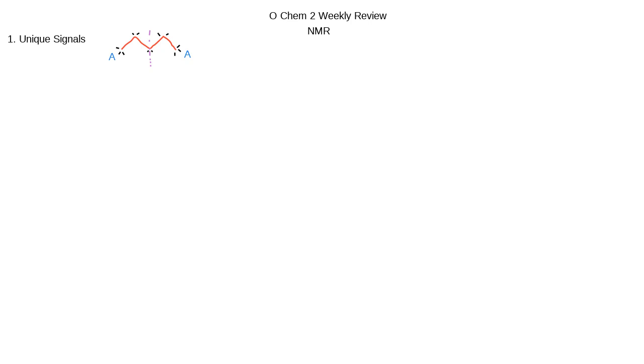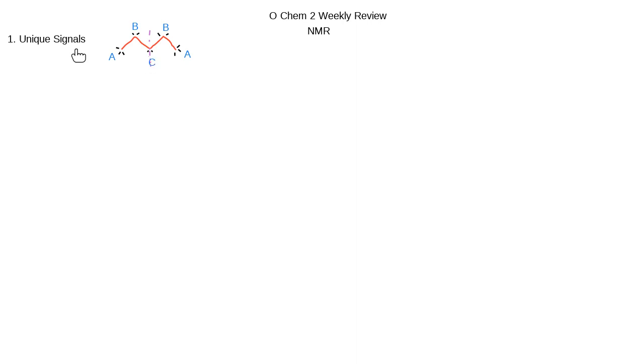Next, we have B right here, and B right there. And then, of course, in the middle, we have C. Okay, so on a butane chain, we have only 3 unique hydrogens, or three unique types of hydrogens.